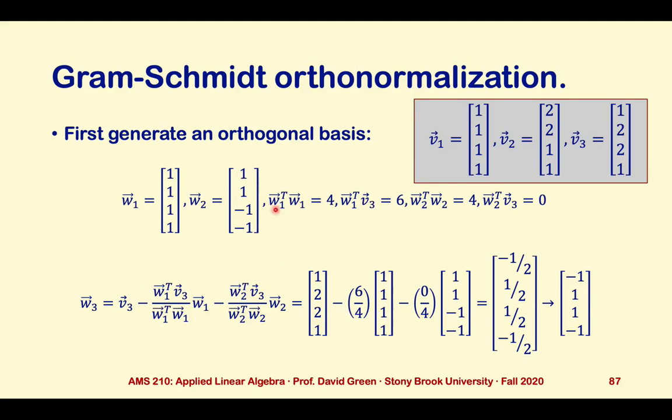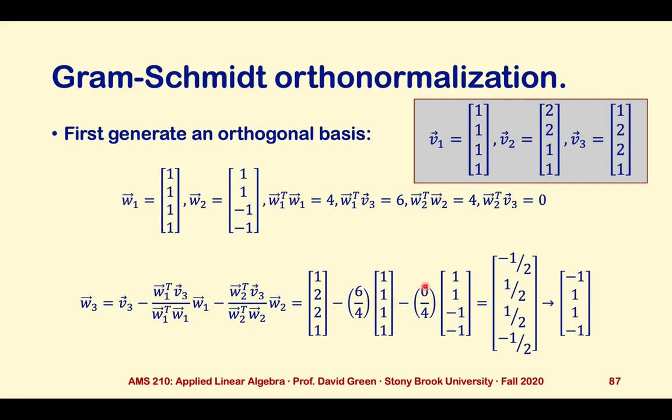Once we've computed these individual dot products, we can put together the expression we want to evaluate: v3 from our original set, minus the projection onto w1, so this is going to be w1 from our orthogonal set multiplied by our scaling factor of 6/4, minus a vector in the direction of w2, here's w2, multiplied by the scaling factor.